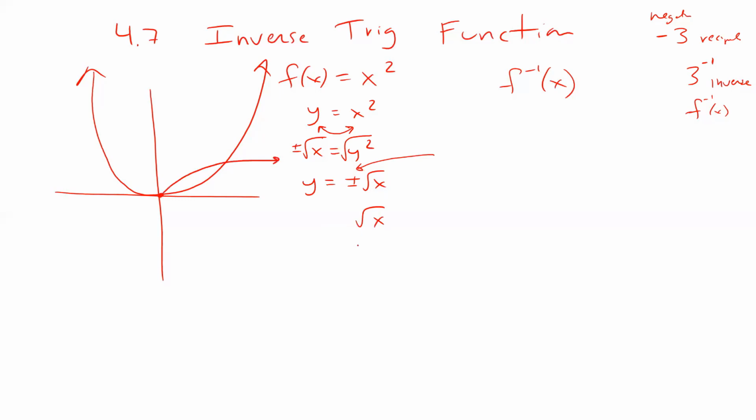And if I were to graph a negative square root of x, it's gonna go like this. Good there? So two things to keep in mind as we do this. First things first, this is not a function, because it fails the vertical line test. So I can't make this y to be f inverse of x.